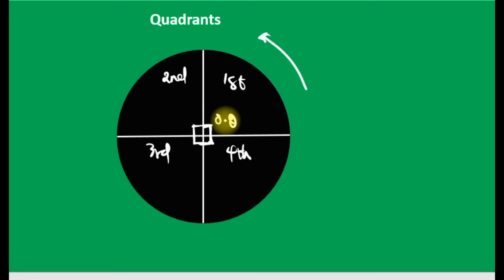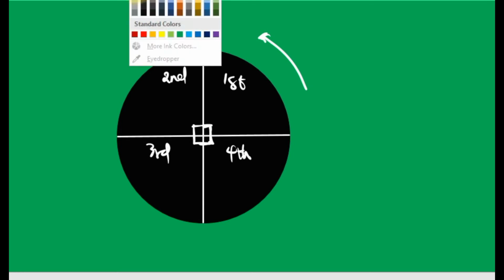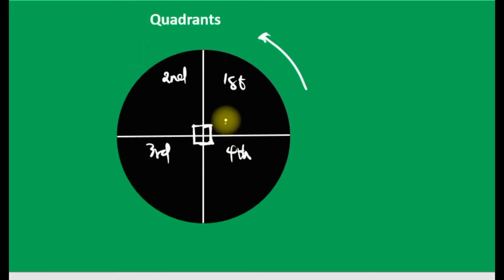In the first quadrant, the angle must be from 0 to 90. So theta is between 0 and 90 inclusive.